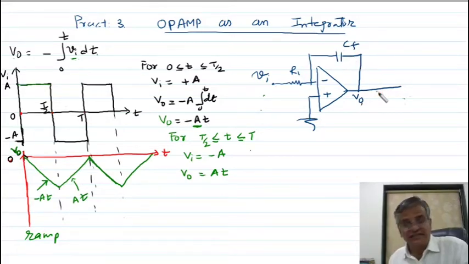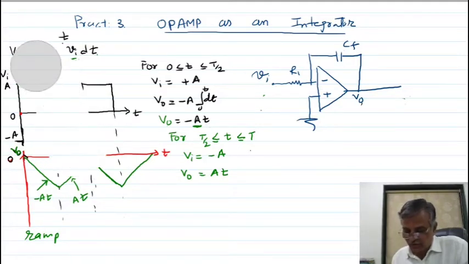So the output will be saturated. Infinite is not possible, you know that. The output of this circuit will be saturated, meaning maximum plus VCC or minus VCC, when omega is 0 or at low frequency.